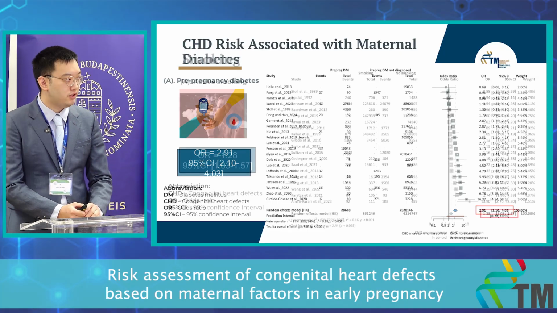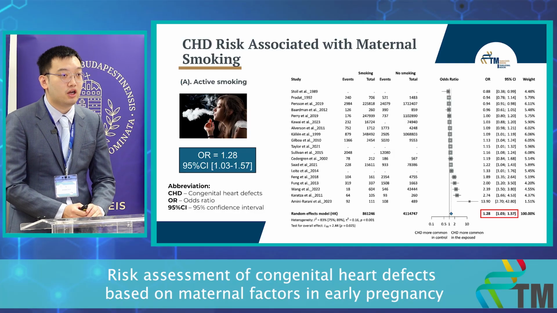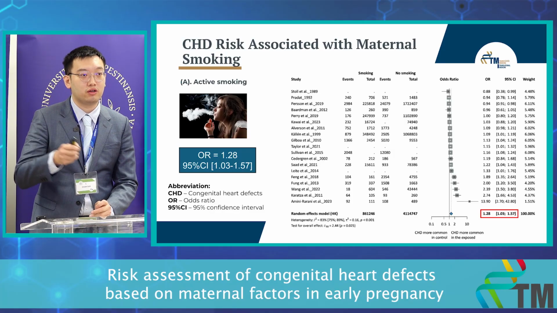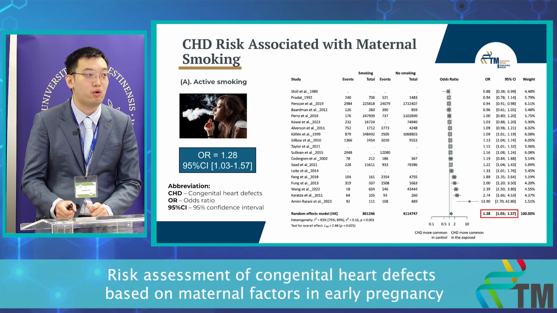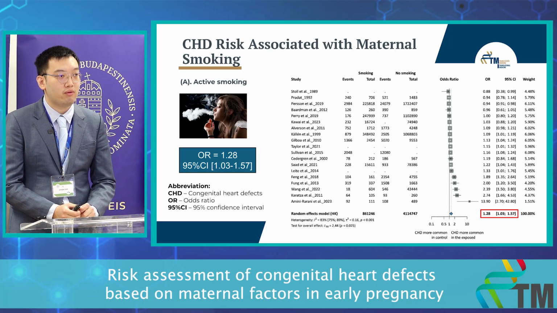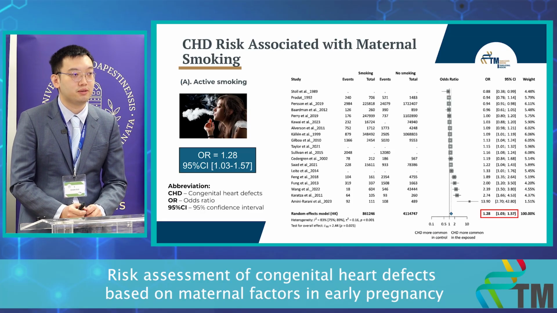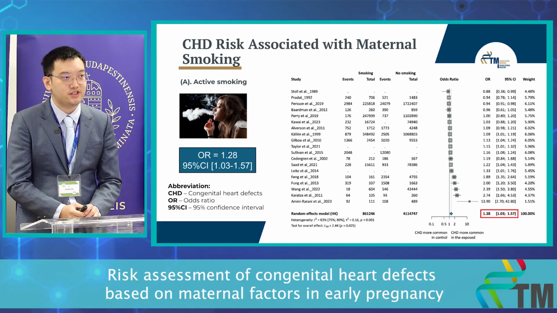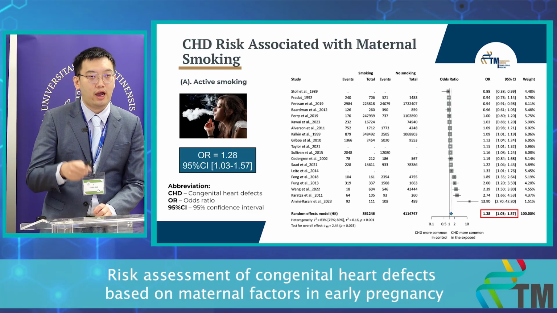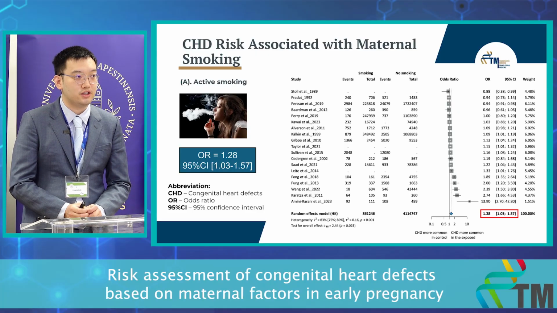The second figure is the association between maternal smoking and congenital birth defects. Maternal smoking means smoking during the first trimester, and this data was collected from self-reporting data. We included 19 studies in this forest plot, and all of these studies are case control studies or cohort studies. The I-square equals 83, which indicates high heterogeneity of the analysis.